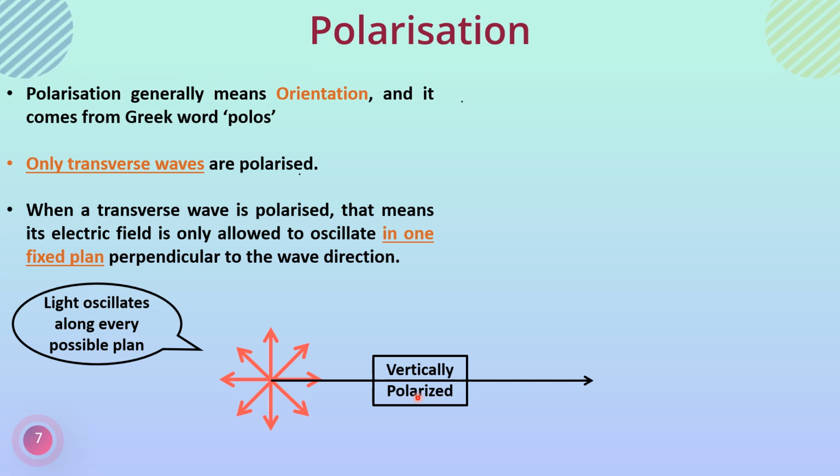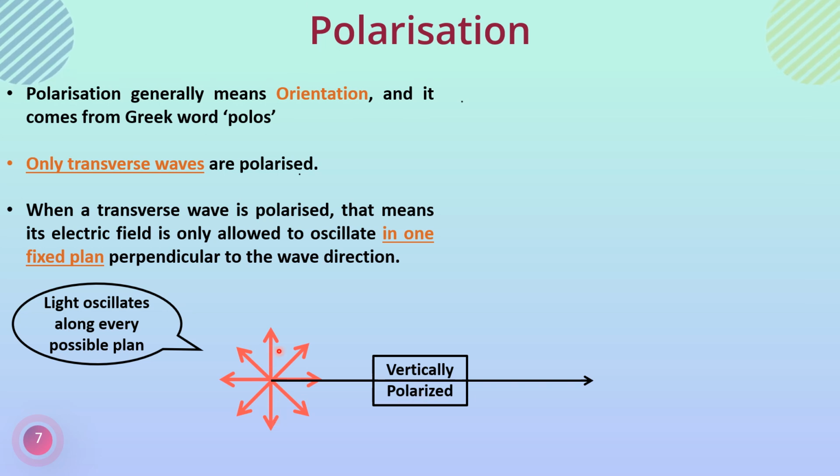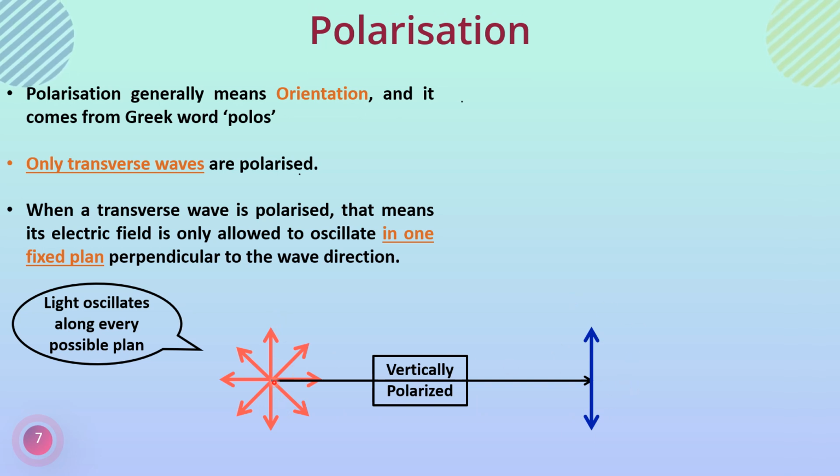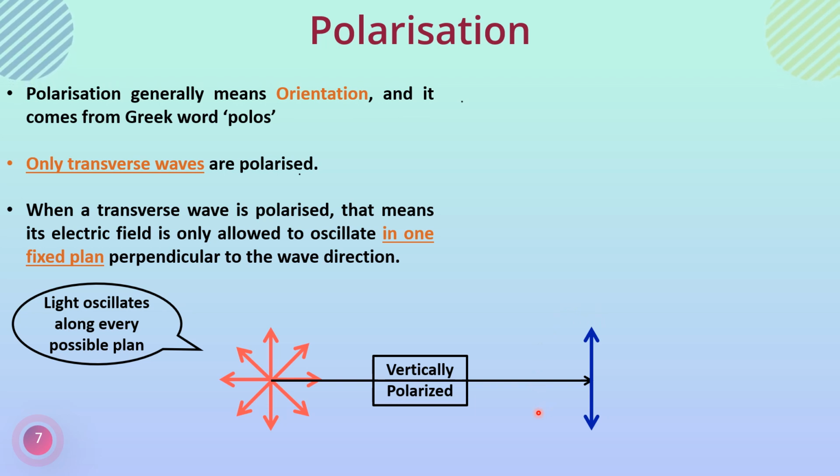That means I only allow the vertical plane to pass through. So when this light comes through this vertical polarizer, it will only allow this one to pass. How about the others? It will block them. It's like they don't have the license to get through. It will only allow the vertical plane. That is what we mean by polarization.